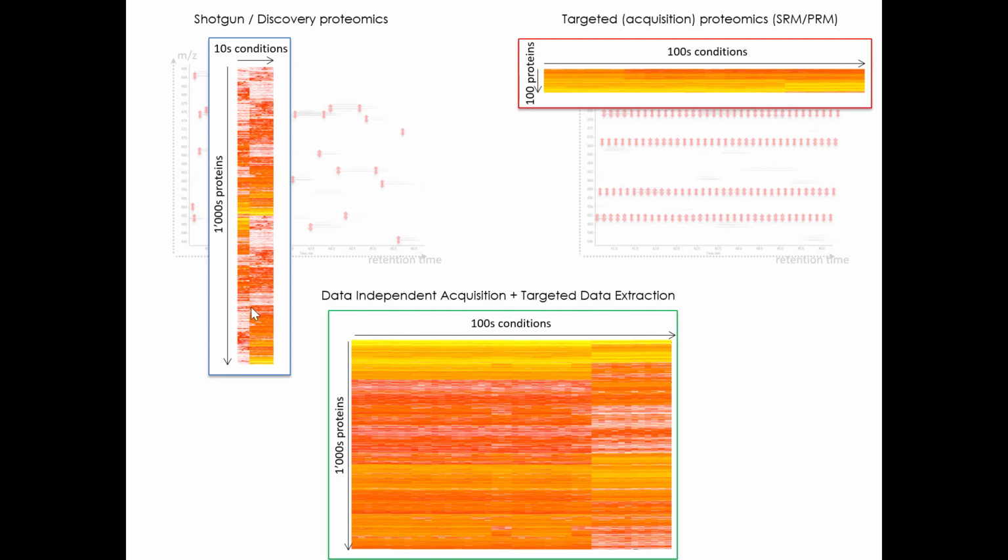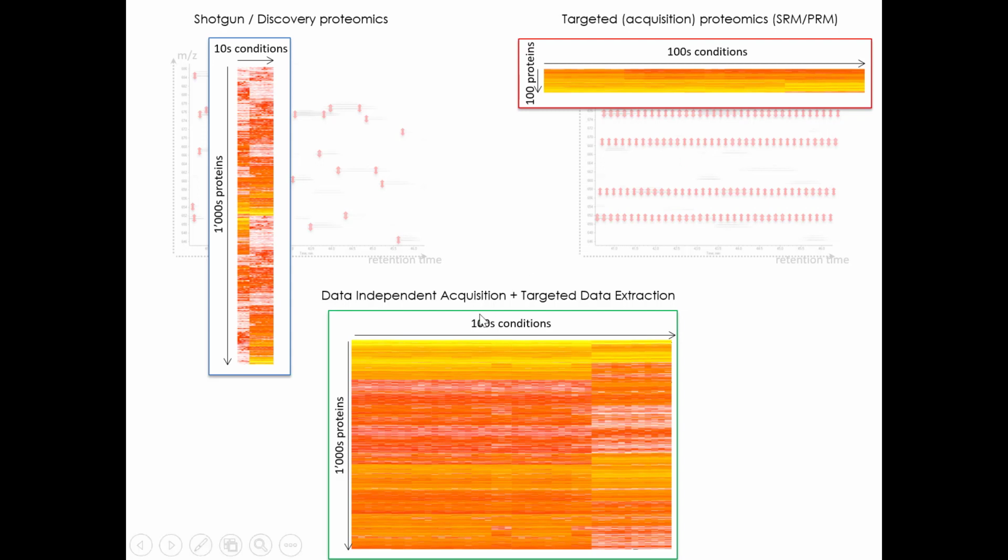So this 14,000 coverage was achieved with thousands of LC-MS runs, of course, which is expensive. Then the other technique, the SRM technique, can do many samples quite reproducibly, but only with a rather low number of proteins, let's say maybe in the range of 100.